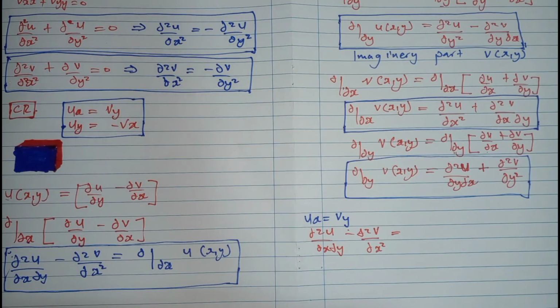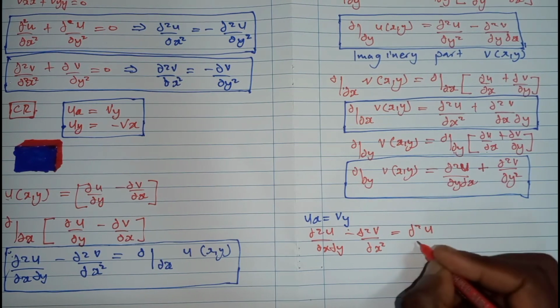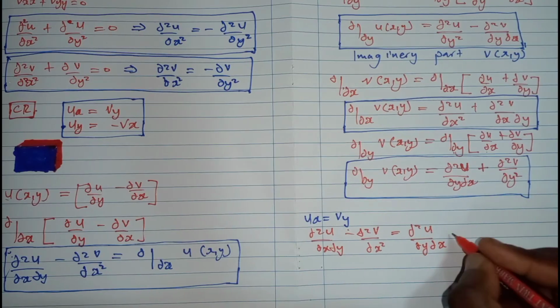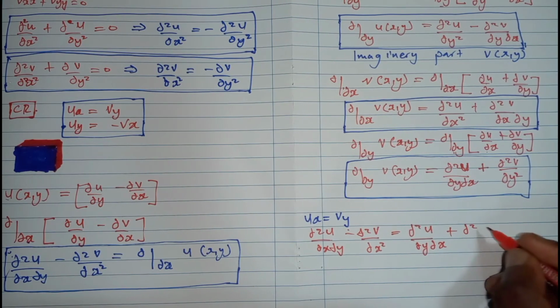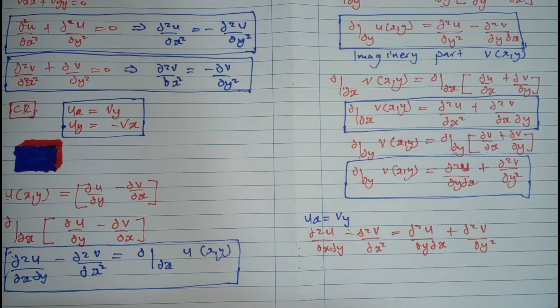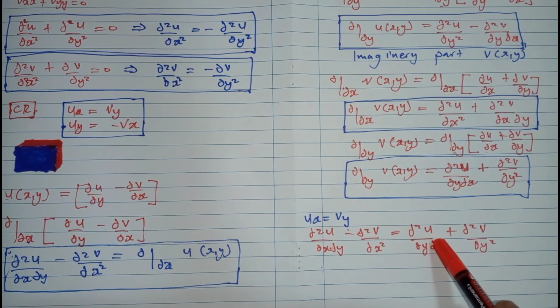Okay, so vy is right here. It's partial 2u partial y partial x plus partial 2v partial y squared. Okay, so as you can see, we have a negative v and we have a positive v. Okay, and this seems like it's not the same, but it's the same.